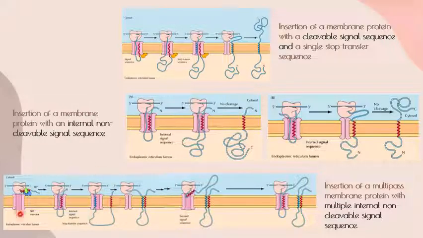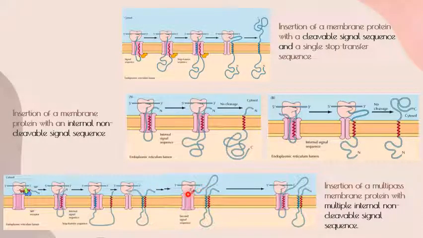So an internal signal sequence results in the insertion of the polypeptide chain with its amino terminus on the cytosolic side, and a stop transfer sequence then signals the closure of the translocation channel, causing the polypeptide chain to form a loop within the lumen of the ER, and translation continues in the cytosol, as you can see here.